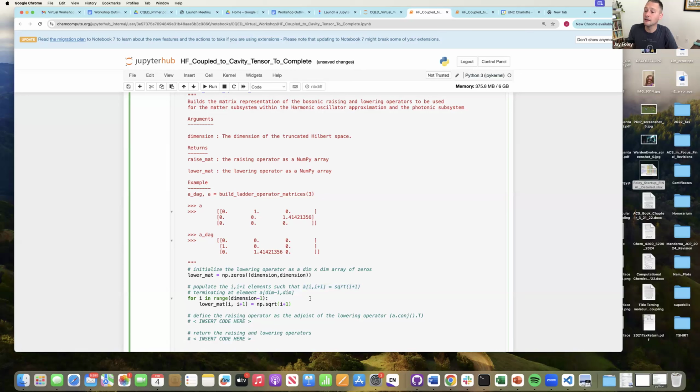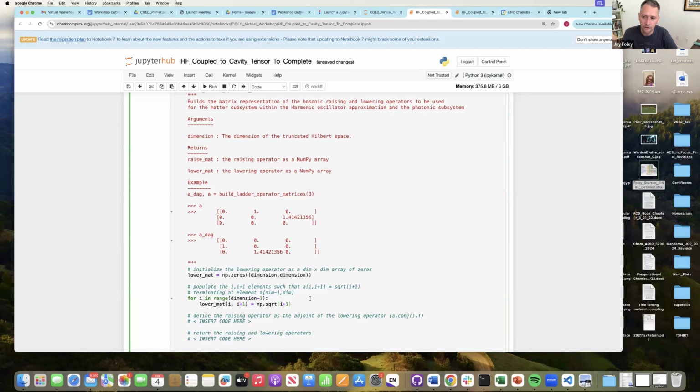And then I could do a similar loop to build the raising operator, except I would be trying to fill out the lower triangle elements. But an alternative, and perhaps easier way to think about it, is to recall that the lowering and raising operators are the adjoints of each other.